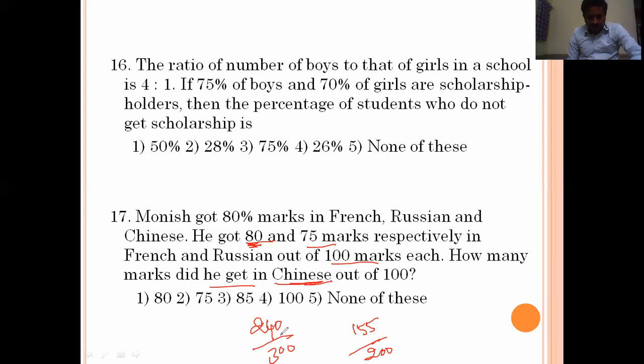Subtract: this is for 300 marks, this is for 200 marks. We need only the remaining 100 marks, 300 minus 200. So 240 minus 155 is 85. So he needs 85 in Chinese, 85 out of 100. So 85 is the right answer, option number 3.